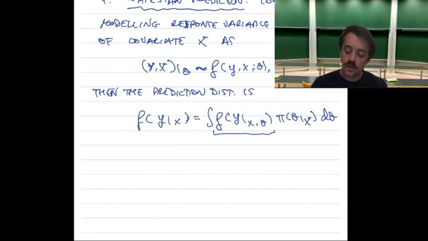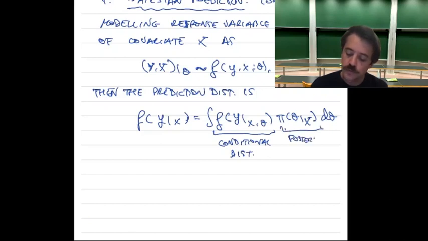So this is the conditional distribution. And this is, of course, the posterior distribution.